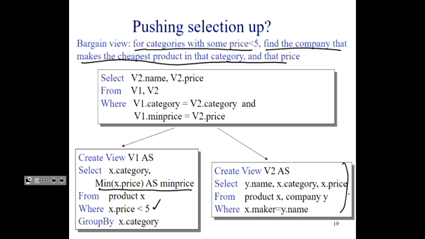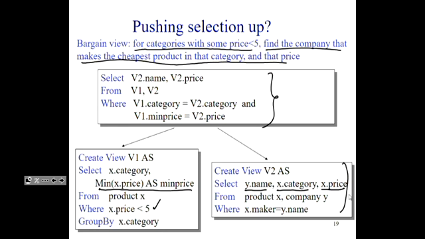This is simply giving me pairs of companies along with categories and prices. In this case, I want the company name, the category name, and the price, and I want to then relate both of these views together in this fashion.